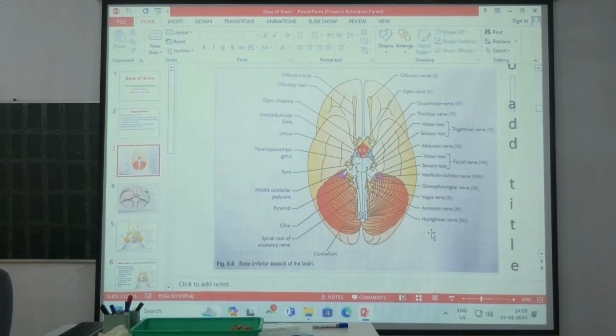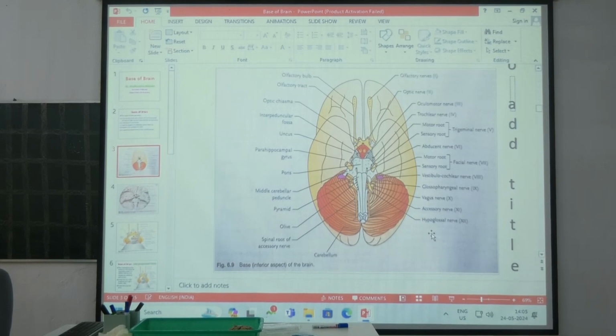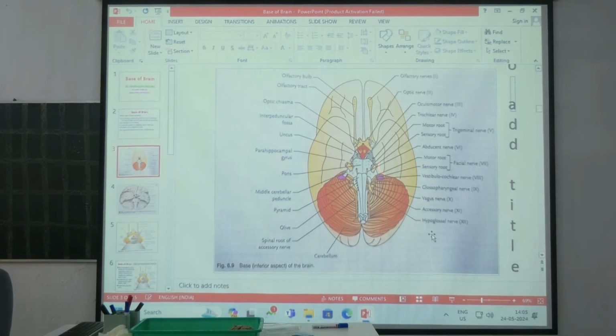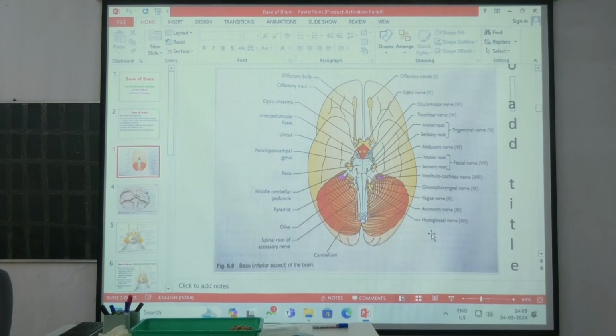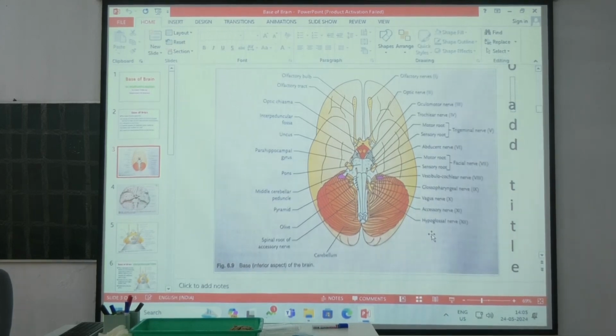And behind it lies the posterior perforating substance. All these are contents of this interpeduncular fossa, and here the oculomotor nerves are coming out. These are the third cranial nerve, coming out medial to the crus cerebri. And lateral to the crus cerebri lies the trochlear nerve, the fourth cranial nerve.